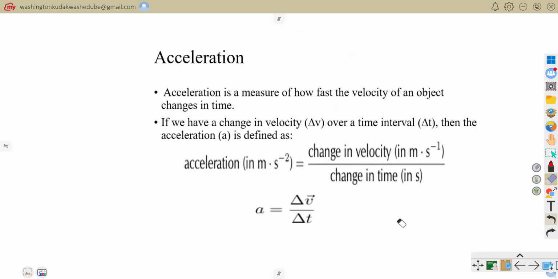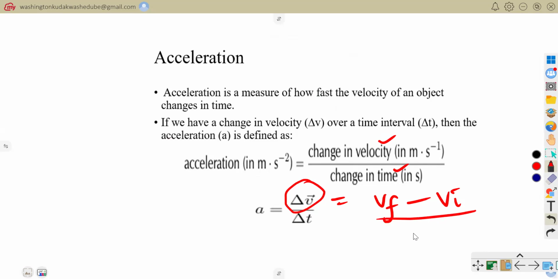And then acceleration is simply the measure of how fast the velocity of an object is changing. So if it is how fast the velocity is changing, we are simply saying change in velocity per unit time, or change in velocity divided by the change in time. So this is change in velocity, which can actually be final velocity minus initial velocity all over what?